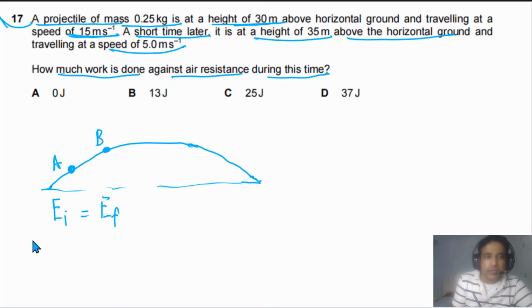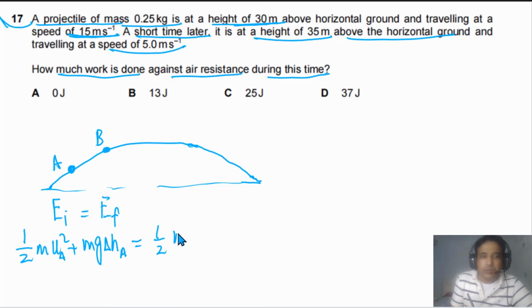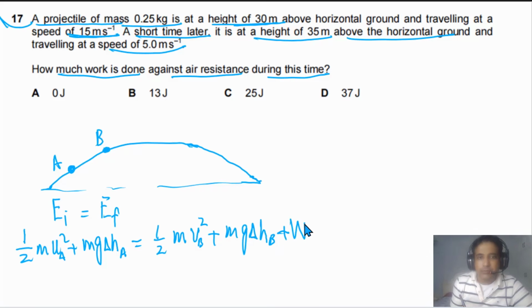The initial energy: we have kinetic energy, 1/2 m u squared, plus m g delta h A. This has to be equal to 1/2 m v squared at B, plus m g delta h B, where the ground is our reference point, plus the work done against resistive forces, and this work done we have to calculate.